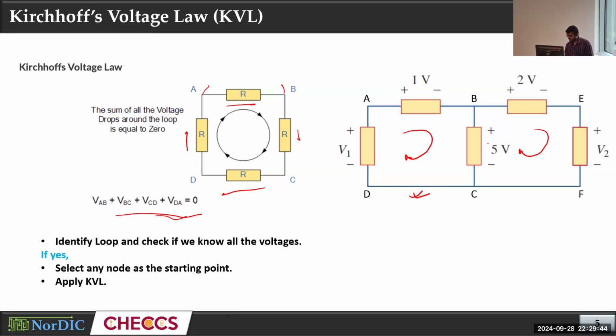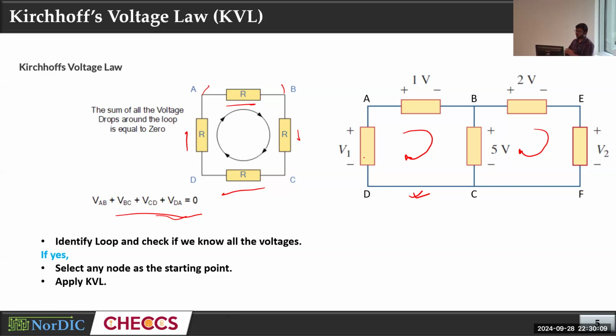This is 1 volt, 5 volt, 2 volt, V1, V2. We don't know the values of V1 and V2; we will find those using KVL, but we know that the voltage of this element is V1. We at least know the voltage, right? If we have the voltage values of all the elements in a loop, then we can directly apply KVL.